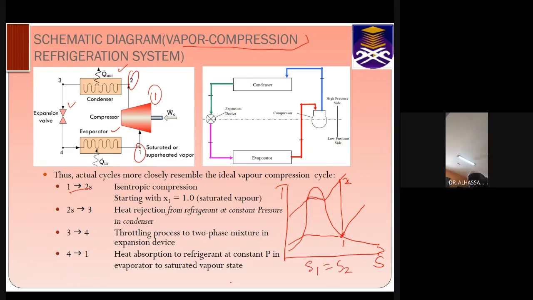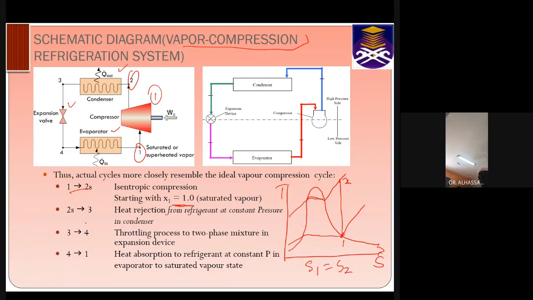So what is the significance of this isentropic process? It means it's a reversible cycle. You understand me? All reversible cycles are isentropic processes in this way. Then again, the fluid enters the compressor at the point where x equals 1.0.